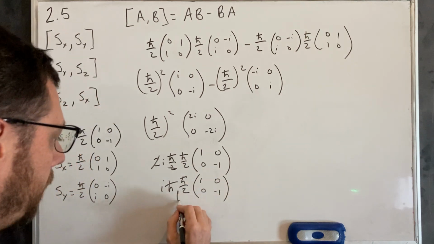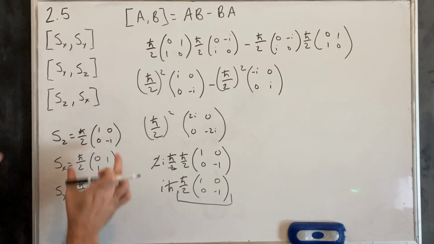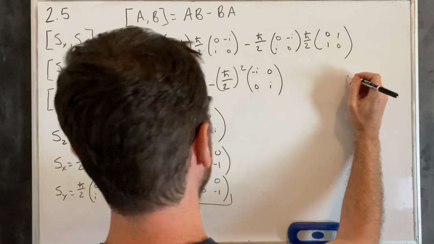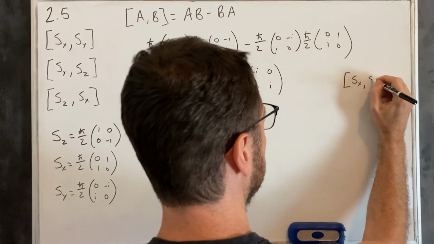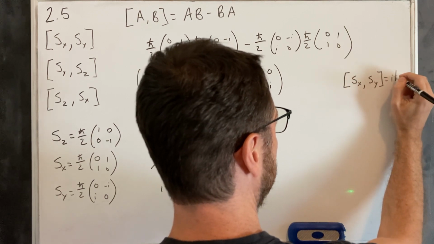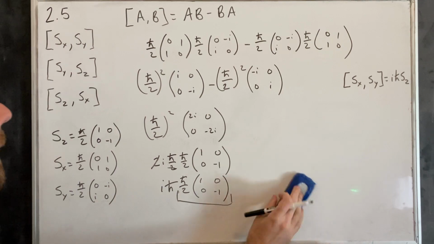And this right here, this h bar over 2, 1, 0, 0, negative 1, that's our Sz right there. So we did Sx and Sy, and we got i h bar Sz, like we expected. So that's good.